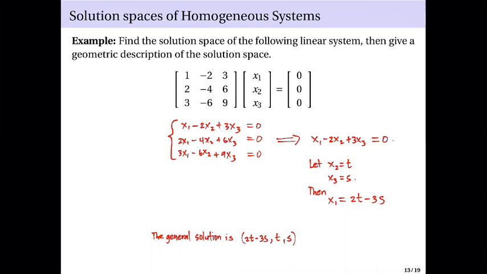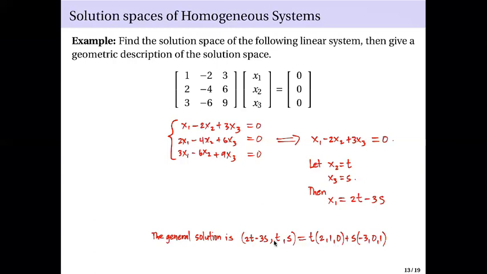But this is the same as t times (2, 1, 0) plus s times (negative 3, 0, 1).